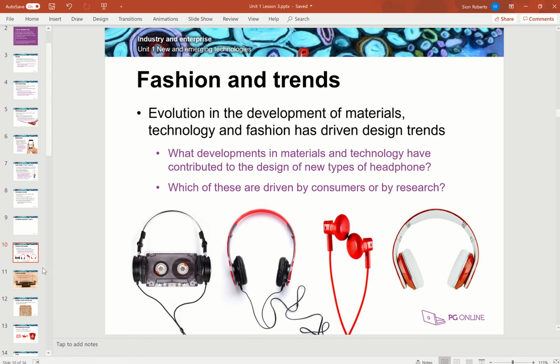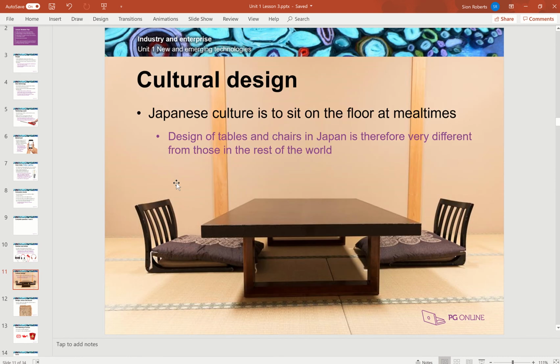That could be a different example. Designing products to solve problems can mean a different thing in different areas of the world. So culture can have quite a big impact. An example of this might be furniture in Japan is going to be a lot different because they have it in their culture to sit on the floor at meal times. So designers have a much different problem to respond to than those that might be in the UK.